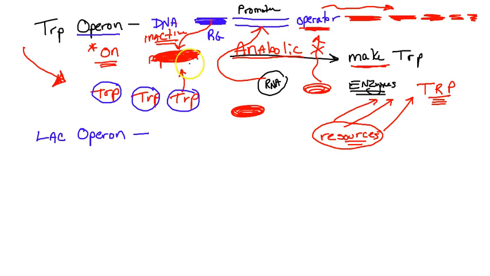And what happens is the tryptophan binds with this allosteric repressor protein and changes its shape so that now it can bind with the operator. You should understand what's happening here: probably the tryptophan attaches to or is attracted to some of the R groups that may or may not be exposed on this quaternary-type structure protein.